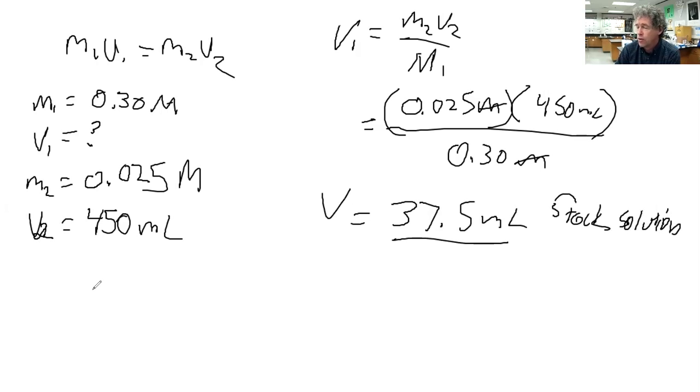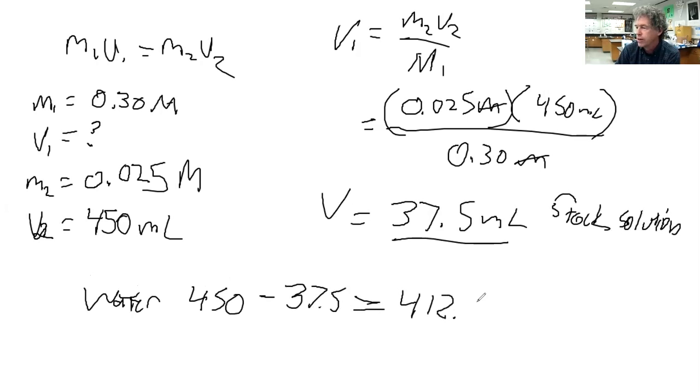So the total water is going to equal 450 minus the stock solution of 37.5, which equals 412.5 milliliters. With sig figs, that's about 410 milliliters.